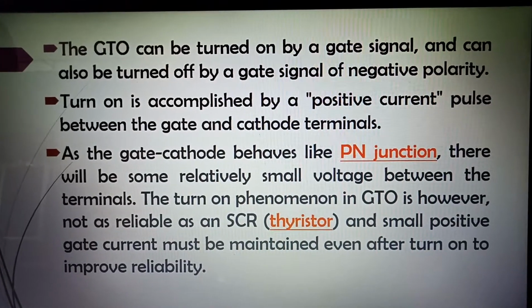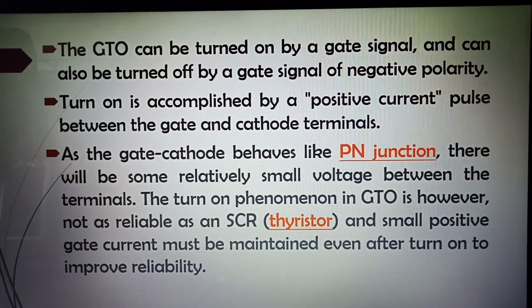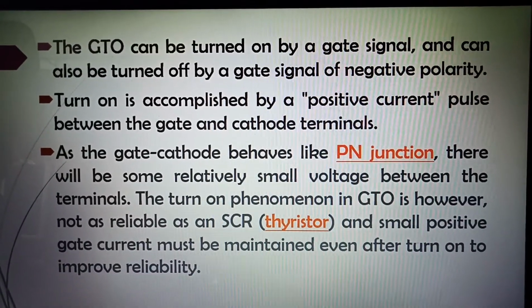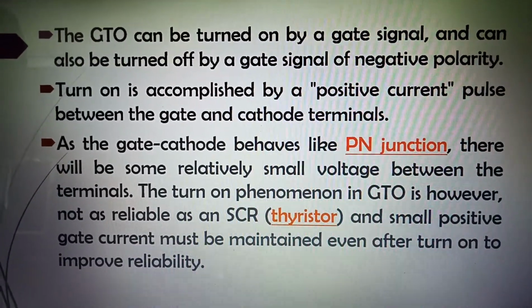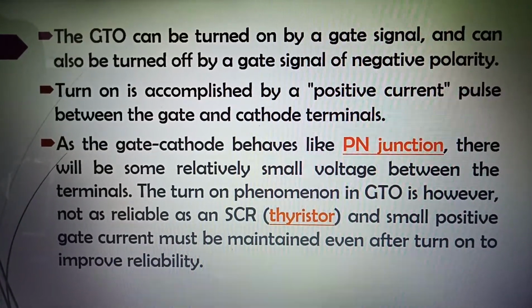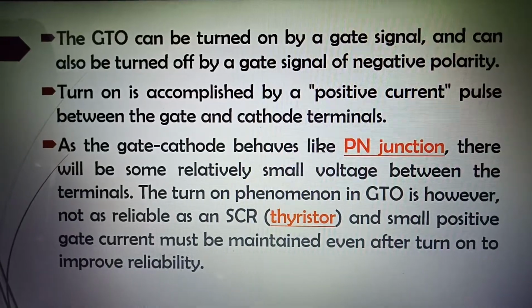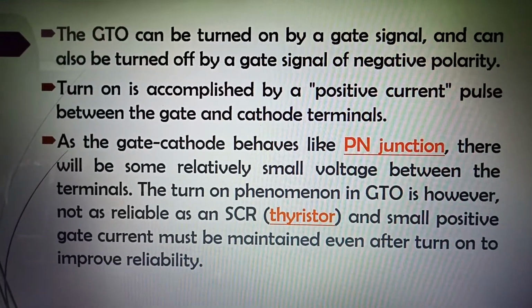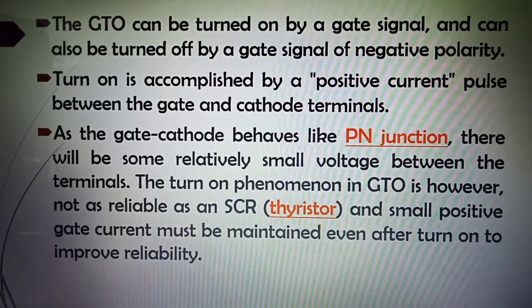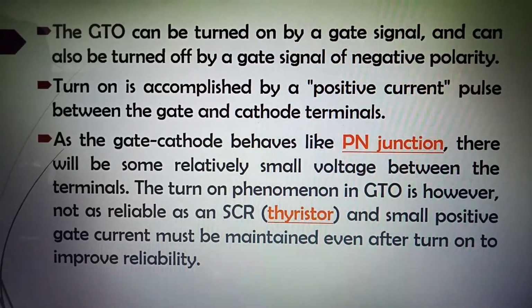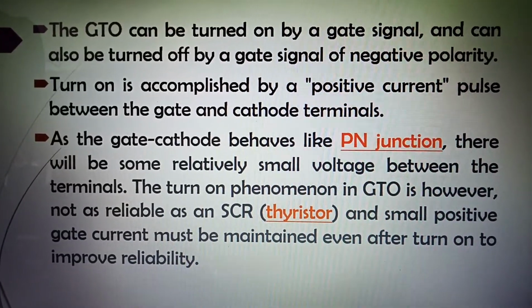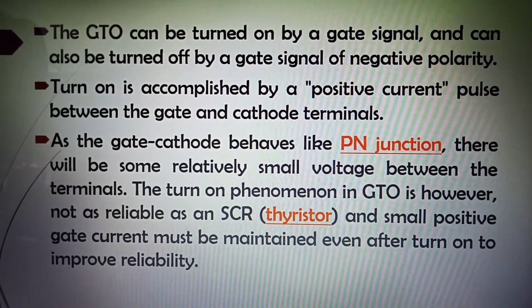The GTO can be turned on by a gate signal and can also be turned off by a gate signal of negative polarity. Turn-on is accomplished by a positive current passed between the gate and cathode terminals. As the gate-cathode behaves like a PN junction, there will be a relatively small voltage between the terminals.